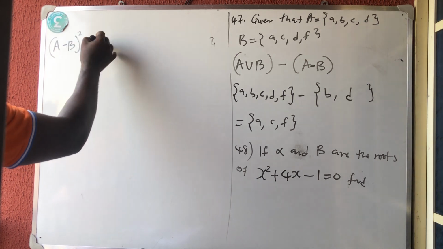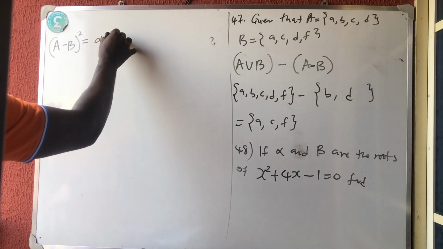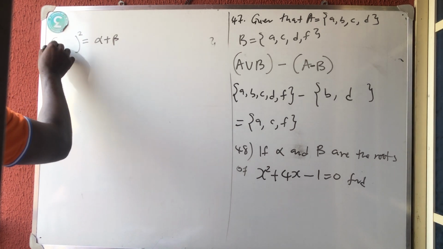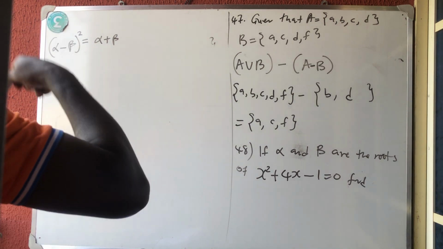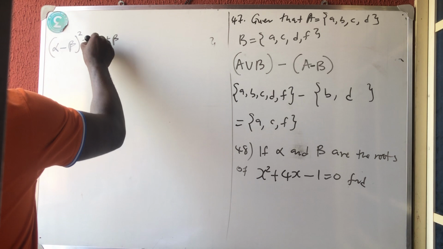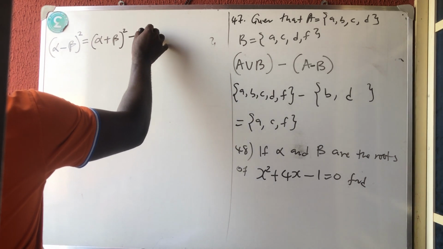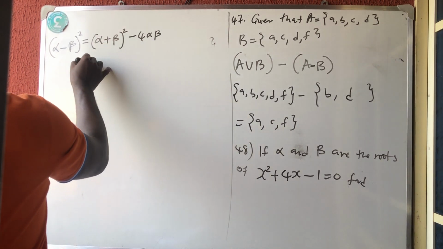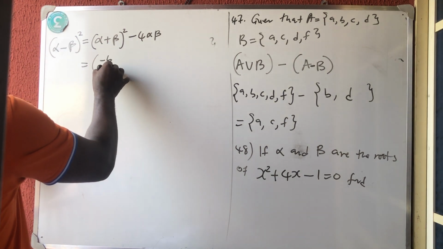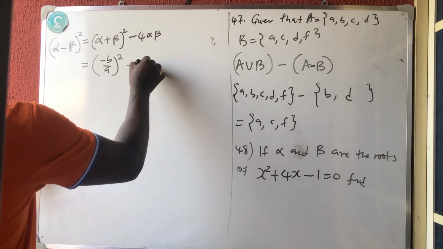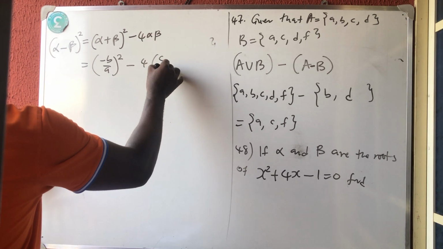Now the formula for this is simply alpha minus beta all squared, which is alpha plus beta all squared minus 4 alpha beta. Please know the formula. Just know it. Alpha plus beta is simply minus b over a, all squared, minus 4 into c over a.